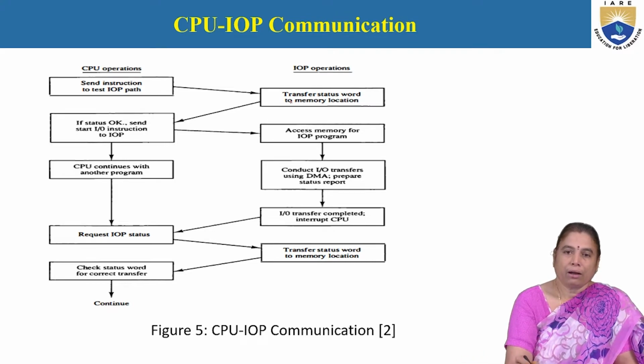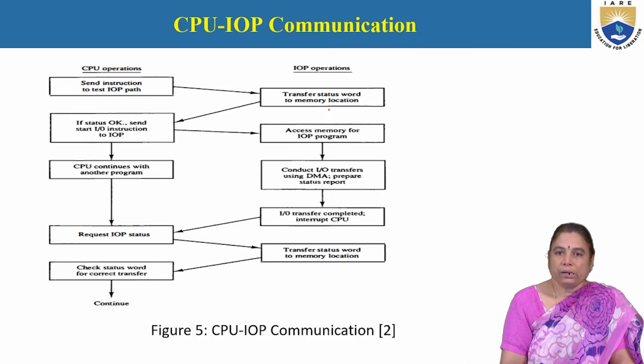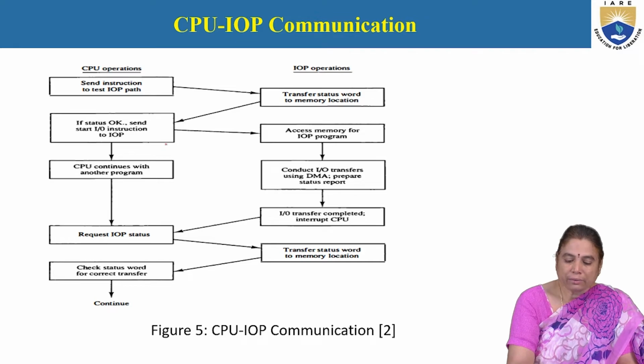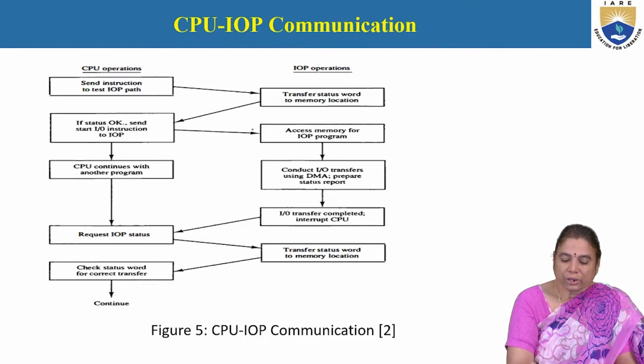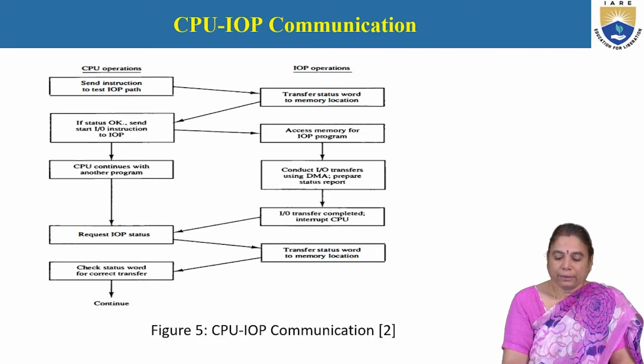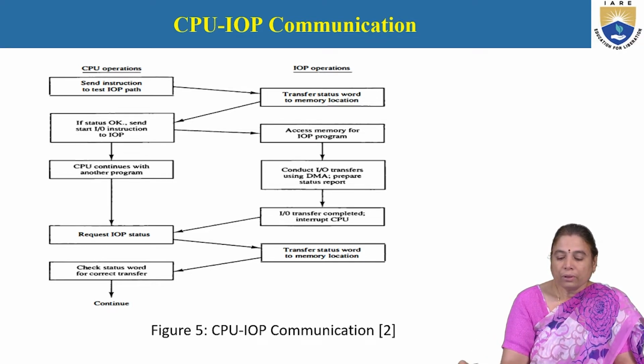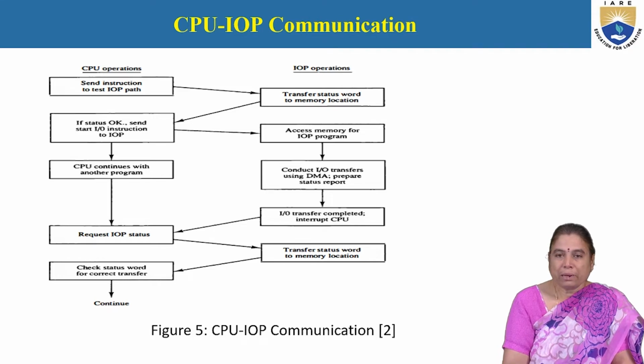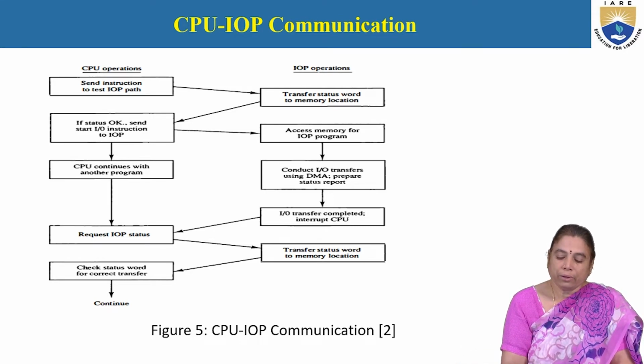After the path is available, the IOP can be involved in the transfer of a memory word. If the status is okay, send the start IO instruction to the IOP. The IOP can access the memory for the IOP program and conduct the IO transfer using DMA.